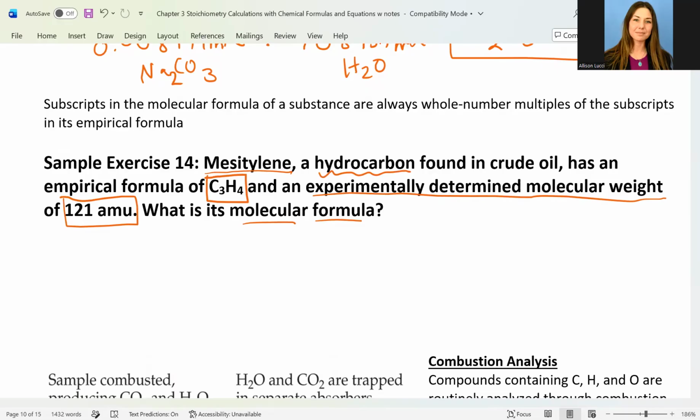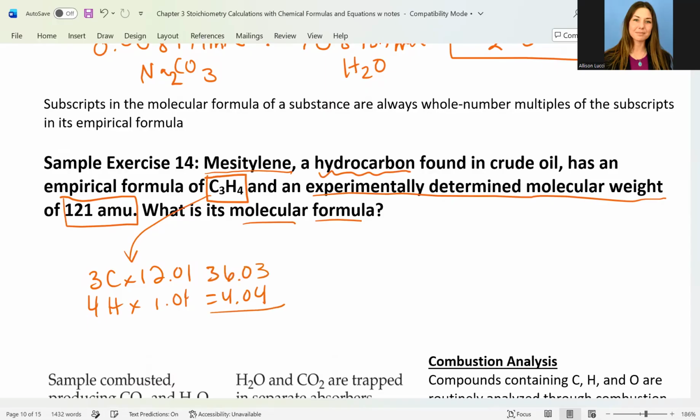So we can create what we can refer to as an empirical molar mass here, where we take the mass of 3 carbons, so 3 times 12.01, which is 36.03, and then we add to that the mass of 4 hydrogens, so 4 times 1.01, so 4.04.